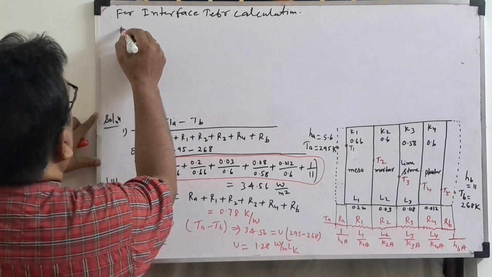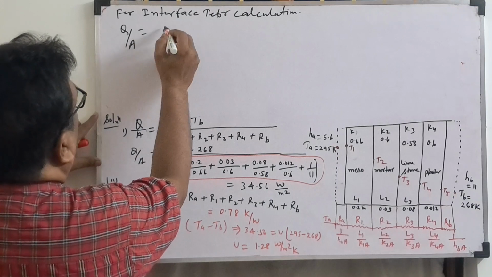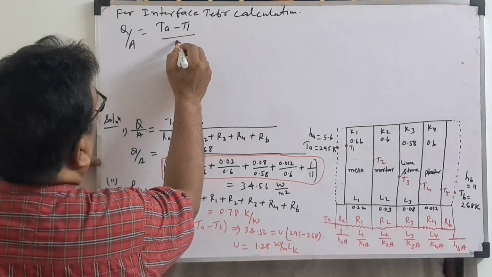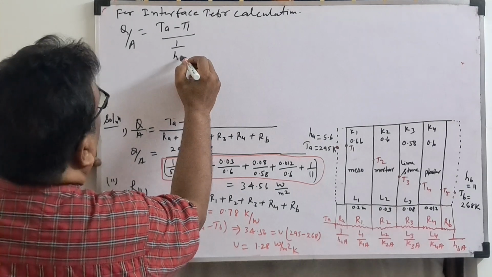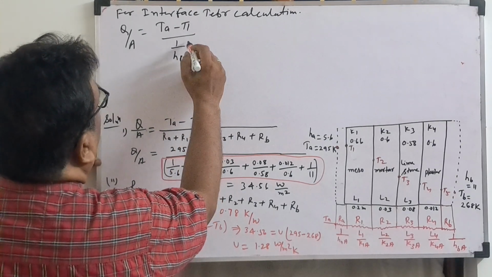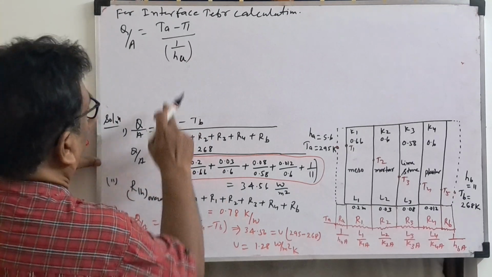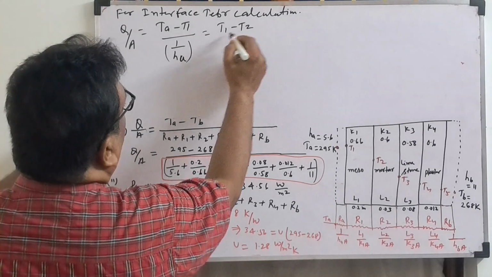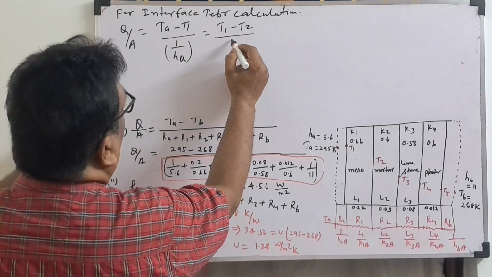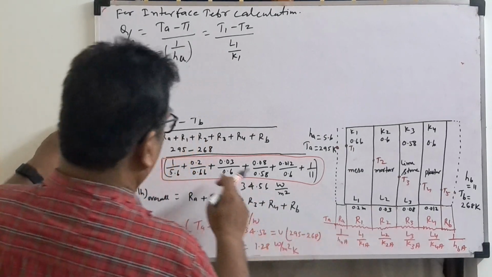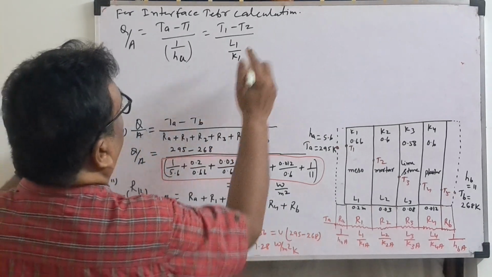See, I wrote. Now what will we write? Q by A is equal to TA minus T1 by 1 by HA. What is this one? Thermal resistance, RA, equal to T1 minus T2 by L1 by K1, R1 thermal resistance.